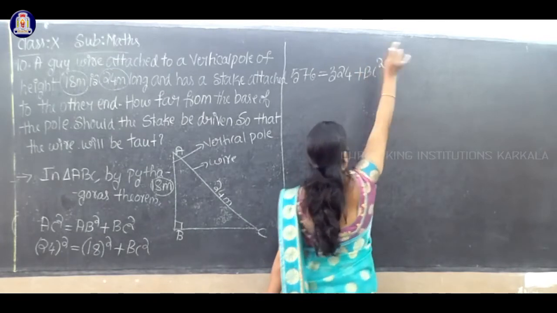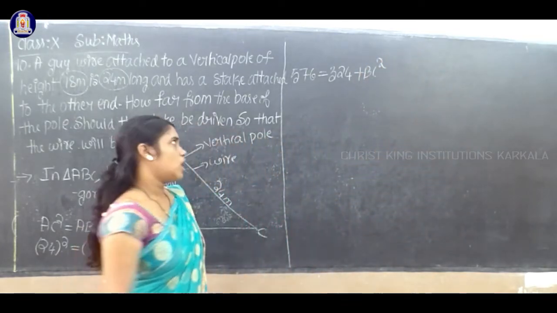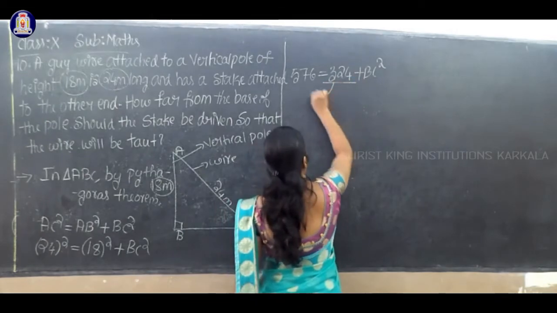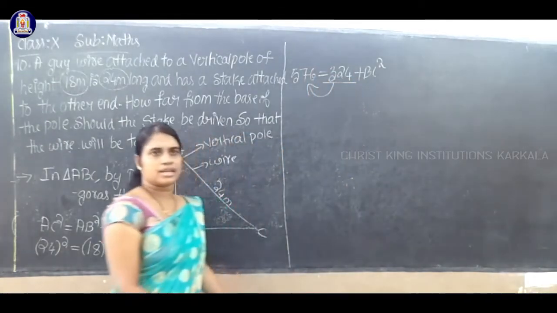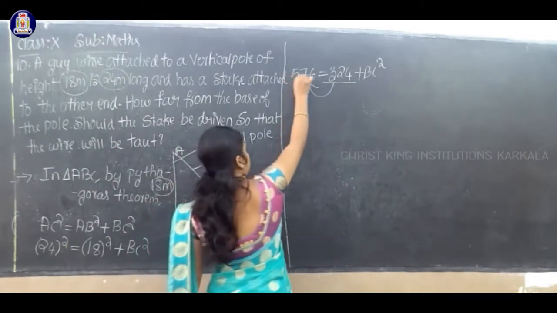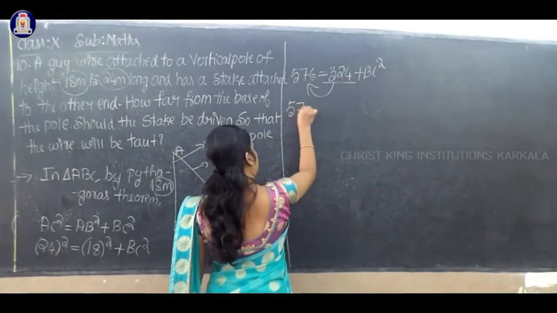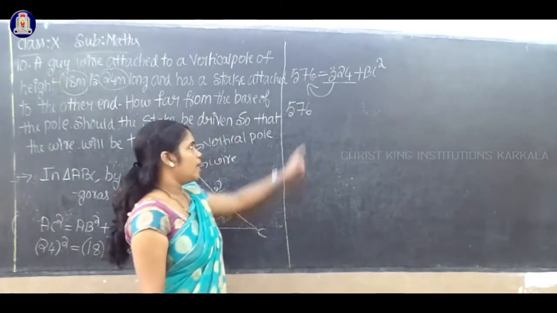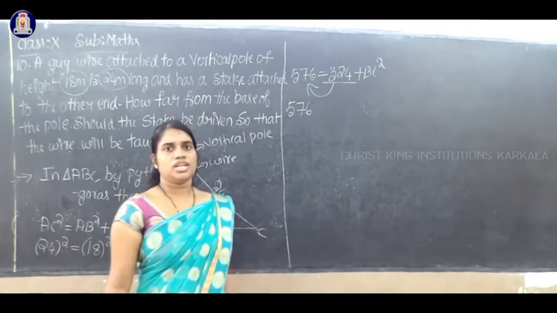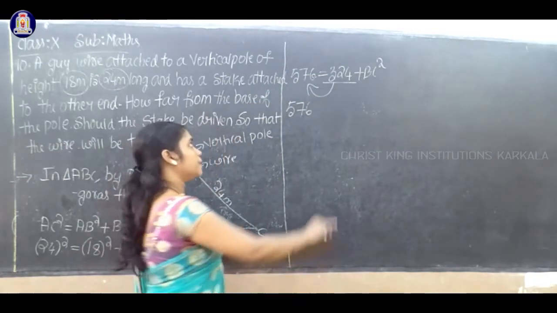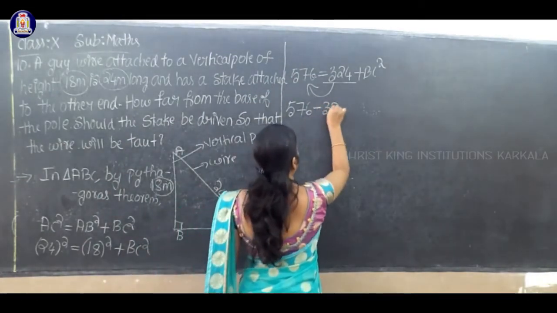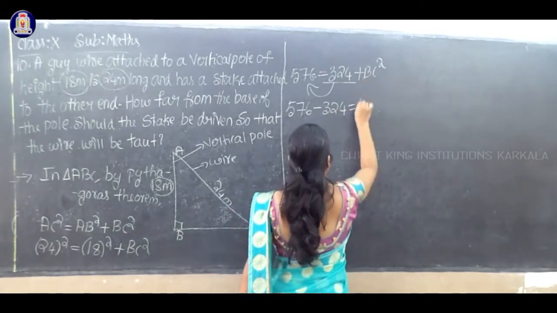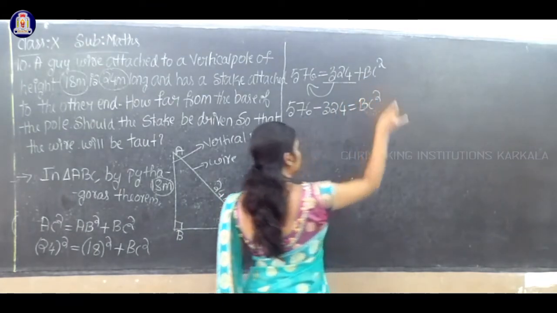Now shift this 324 to the left hand side. So first 576 I'll write as it is. While this 324 comes to the left hand side, it will become minus 324 equal to BC square.